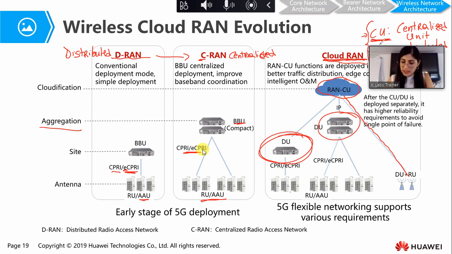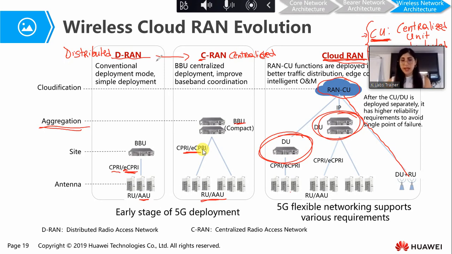The centralized unit is cloudified, and it can be far from our radio frequency unit, and then our distributed unit will perform real-time processing. They will be distributed on the site, or we can find them as a pool of resources at the aggregation layer. So we can put together the advantages of the distributed RAN and the advantages of the centralized RAN.